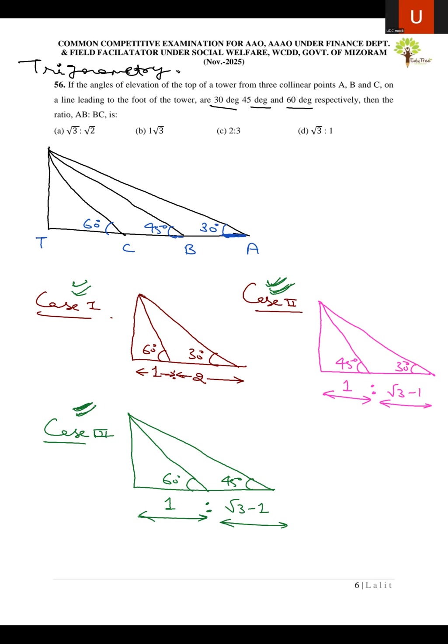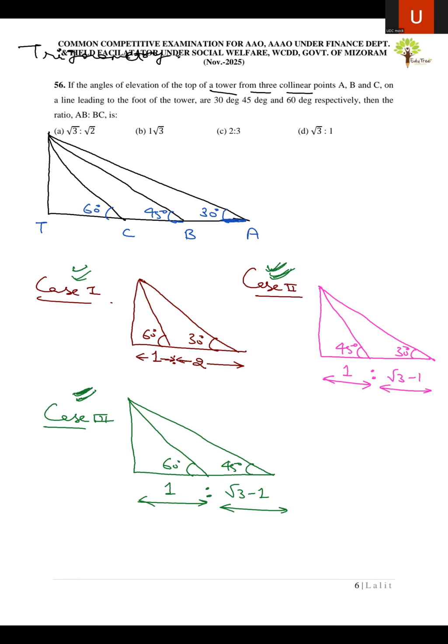All right. So now remember these ratios. What I can do is now simply write the values here. Now, if I look at 60 and 45, I can say that this ratio will be equal to... All right.